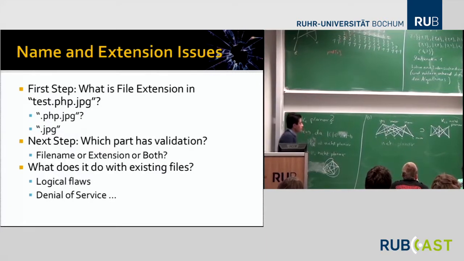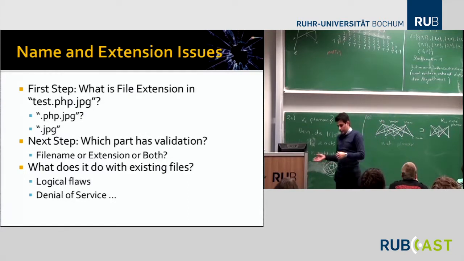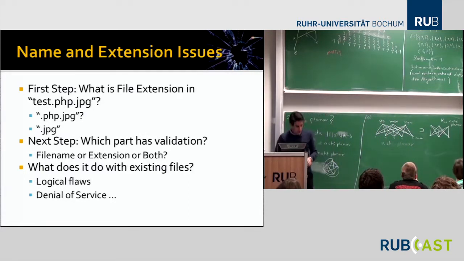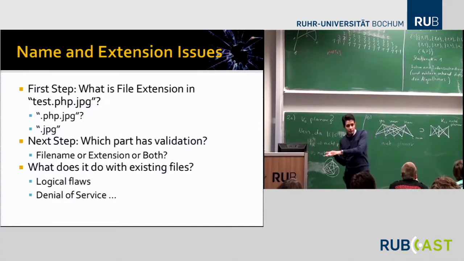Name and extension issues. Okay, so when we have protection on the name and also on extensions, for example checking for whitelist, blacklist validation, and these sort of things, the first step to go forward is detecting what the file extension is from the application's point of view.